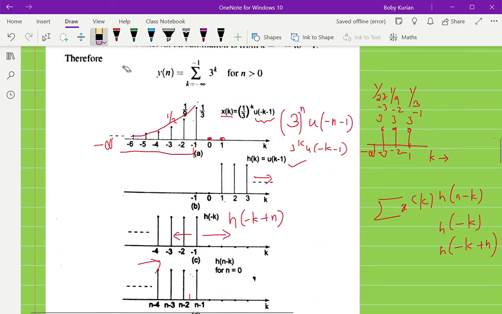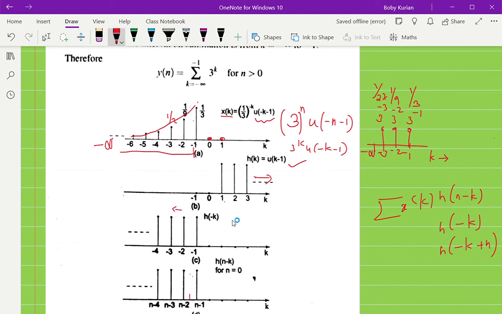It is the second signal. The first signal does not change; the second signal is h of k, h of minus k plus n, or n minus k, so it is minus k plus n. So depending on the value of n, this h of minus k will shift back and forth. If the value of n is 0, it is h of minus k itself. If the value of n is negative, we know h of minus k minus 1 will shift to the left side.